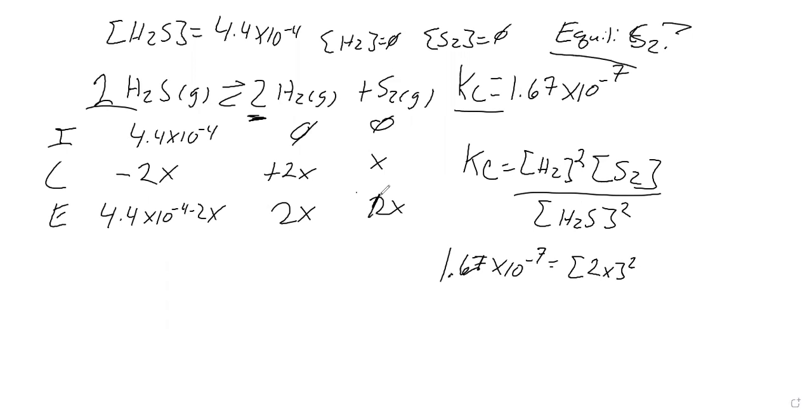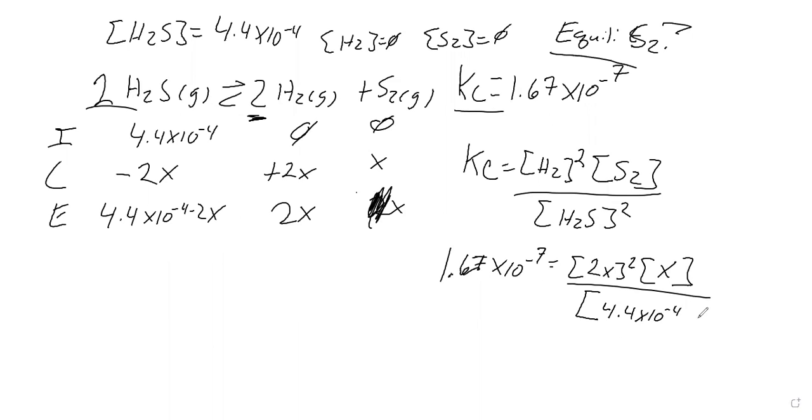S2, I don't know why I wrote 2 there, should just be x. It's just x divided by 4.4 times 10 to the minus 4. Now, in our E column, we have minus 2x.